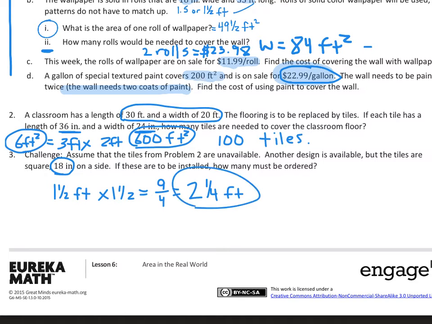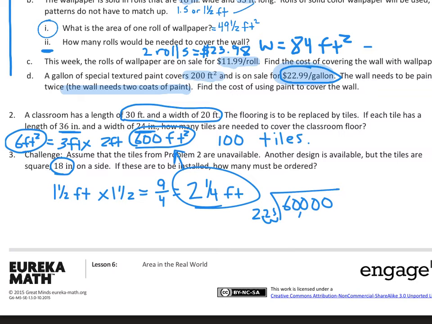So how many 2 1/4s go into 600? So we're going to do 600, and I'm going to use decimals here. I'm going to do 600 divided by 2.25. Which means I'm going to move this over twice. I'm going to add 2 zeros there. So it's 225 into 60,000. And I'll get my answer.